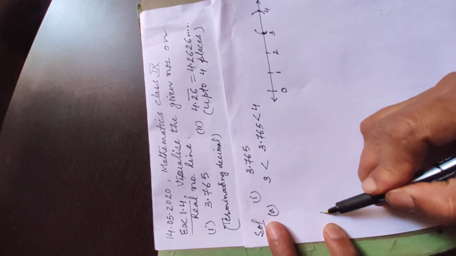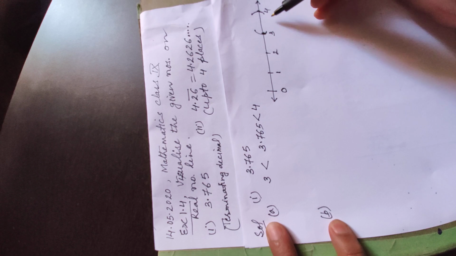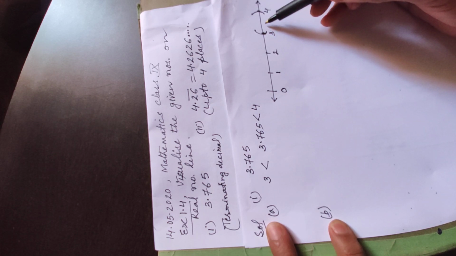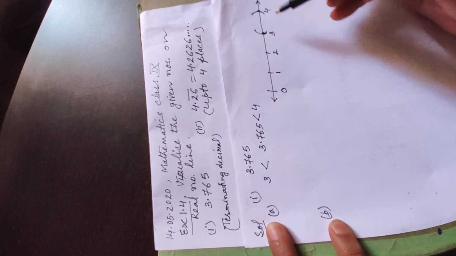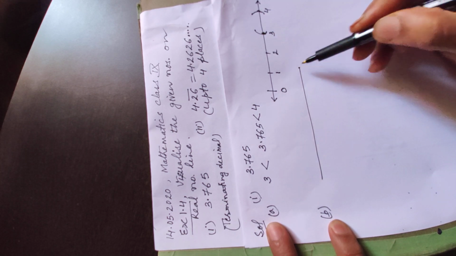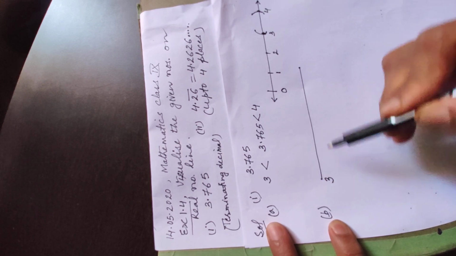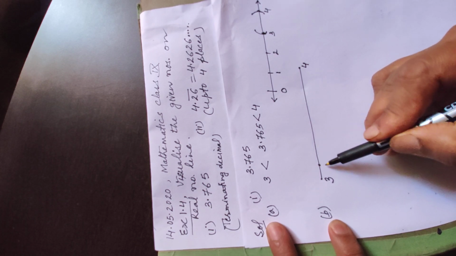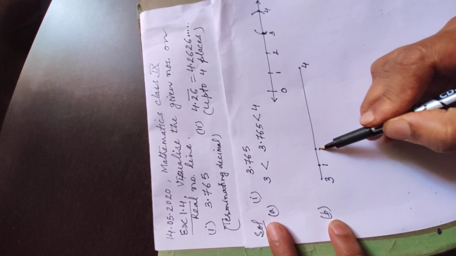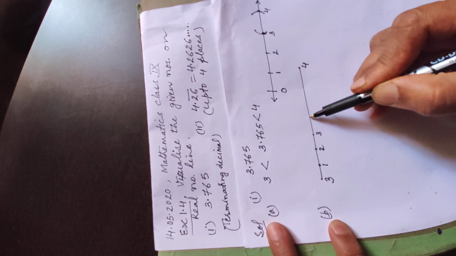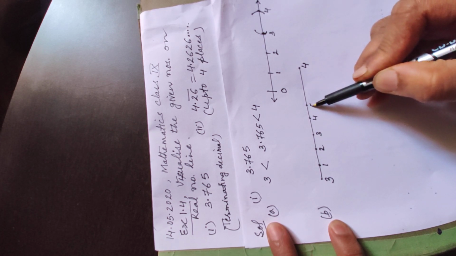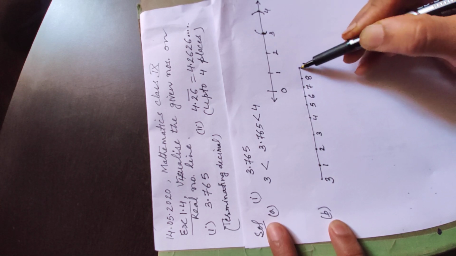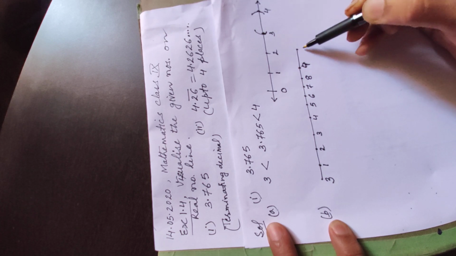Now, second part. In the second part, we know that we can make 10 divisions initially between 3 and 4. So I am making 10 divisions between the integers 3 and 4, which will be read as 3.1, 3.2, 3.3, 3.4, 3.5, 3.6, 3.7, 3.8, 3.9, and then the number 4.